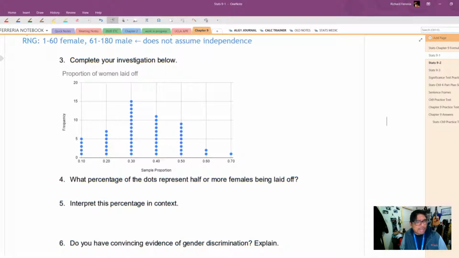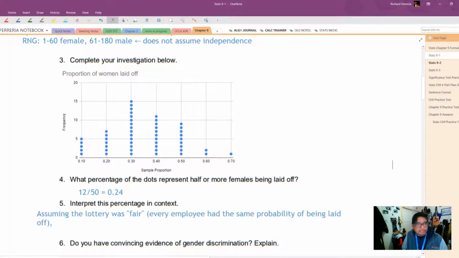And let's count those dots. And I counted 12 out of 50, or 24%. Let's interpret that in context. So the first thing that had to have happened is we conducted an impartial lottery. Okay, so we conducted a fair lottery. And that's what we're assuming to start this off. We're assuming that the company did a fair lottery.